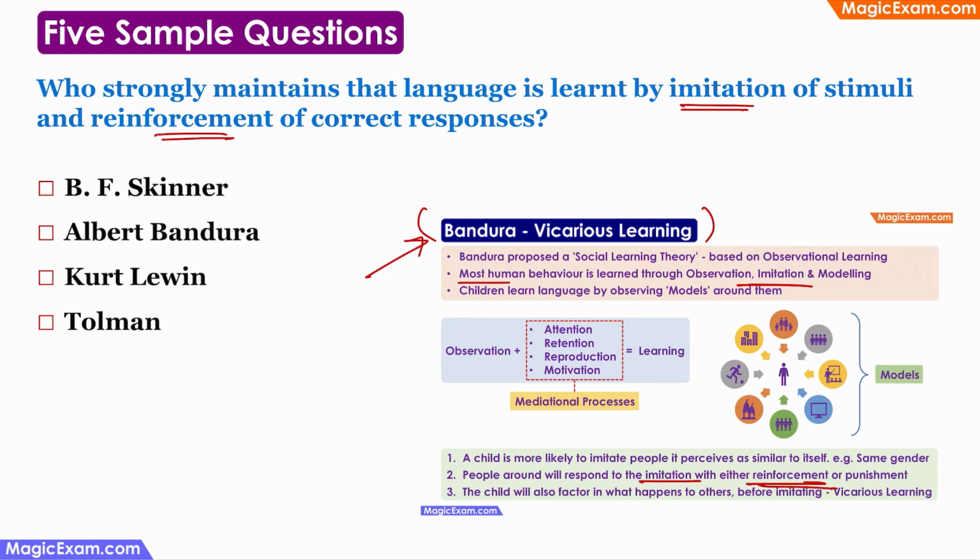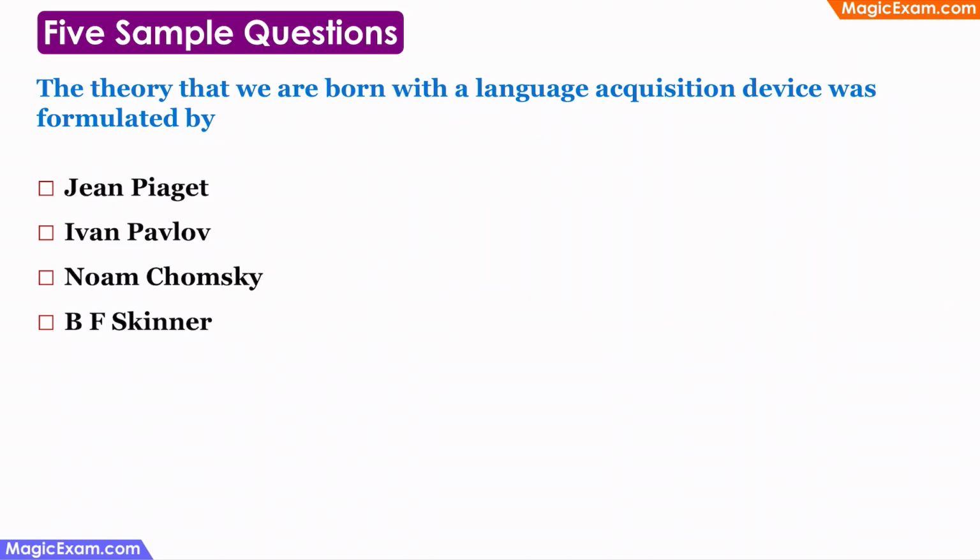Therefore, the correct answer here is Albert Bandura. The theory that we are born with a language acquisition device was formulated by who among the following? Very simple question. The answer is Noam Chomsky, who formulated the LAD or the language acquisition device theory.